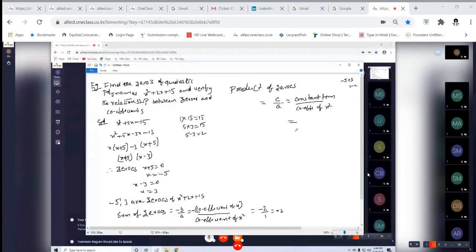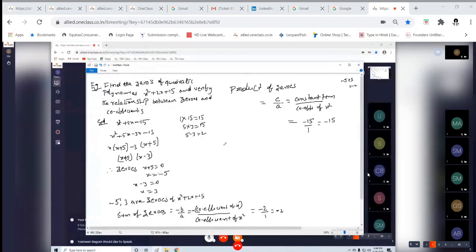The constant term is how much here? Minus 15 by 1 only, no? That is equal to minus 15. See, the zeros are minus 5 and 3. The product is 5 into 3, 15, minus into plus, minus.